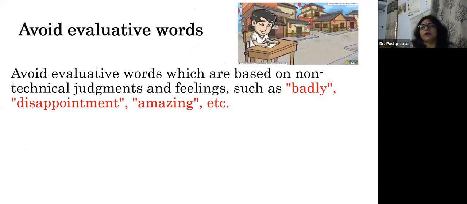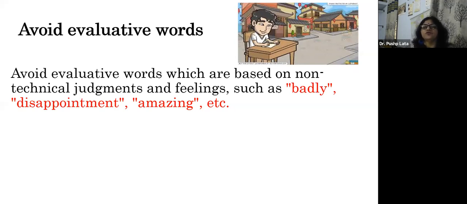Avoid evaluative words. Please do not do that, because academic writing, or academic presentation, is not the place where you should be using evaluative or judgmental words, like too badly, greatly, amazing, or rather disappointing.